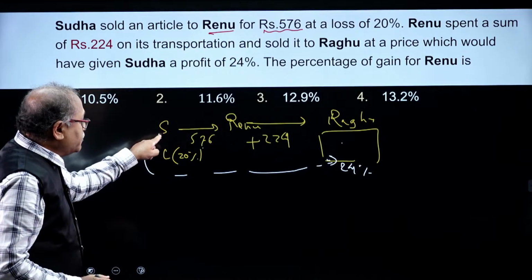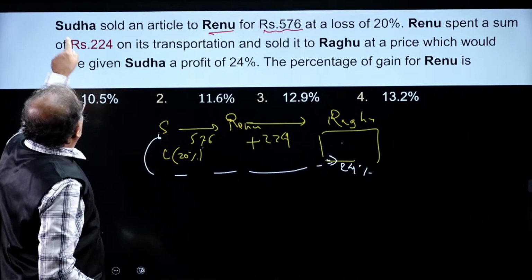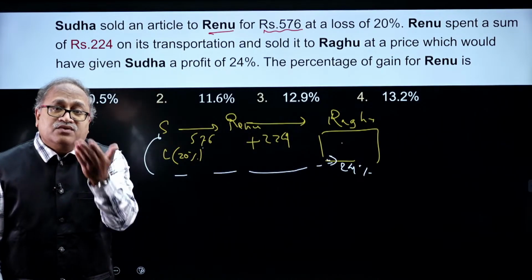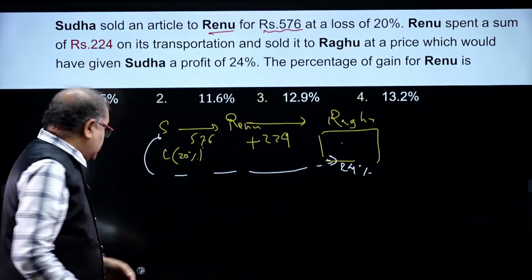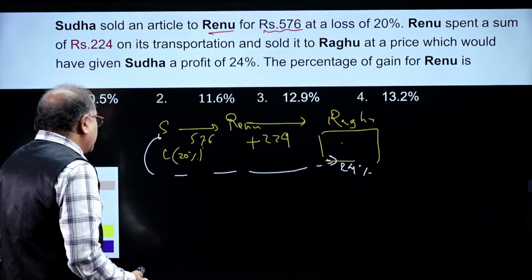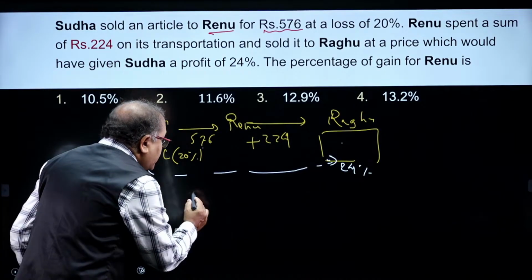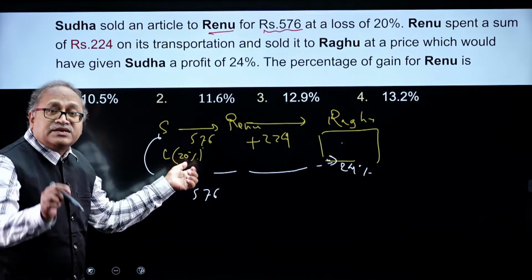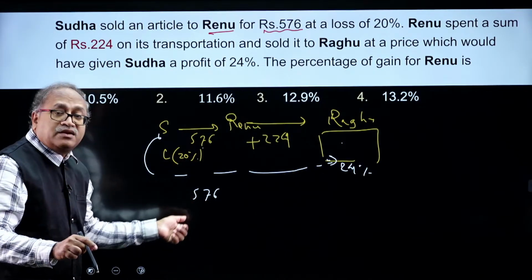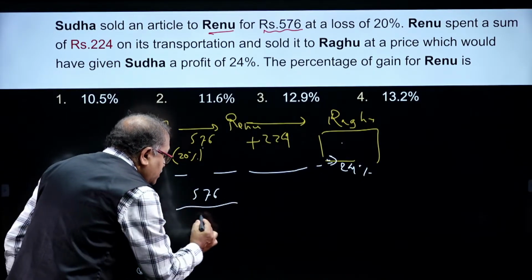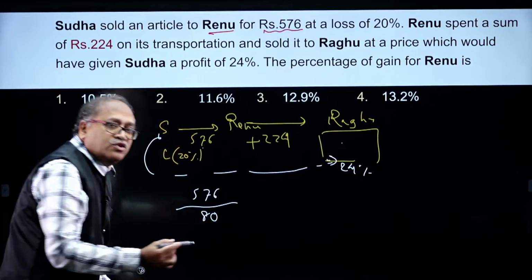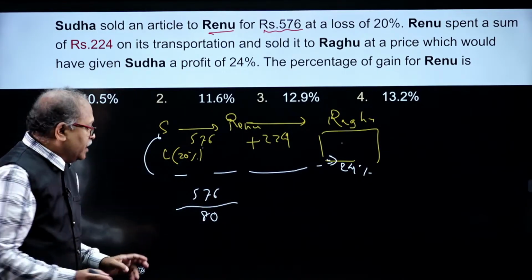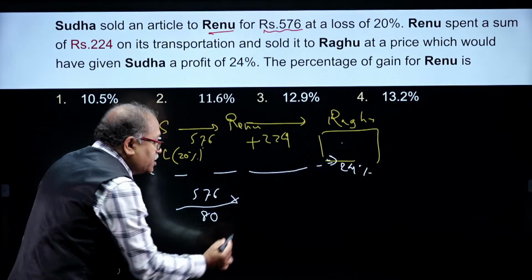First I will find out, if Sudha gets 24% profit, what the selling price will be. That is my requirement here. This is 576, a 20% loss, which means this is 80%. So divide this by 80, or 0.8, and if you take 0.8, you have to take the decimal here too.